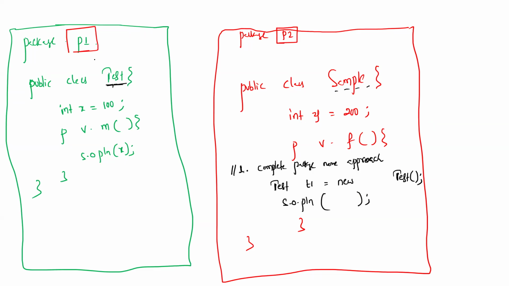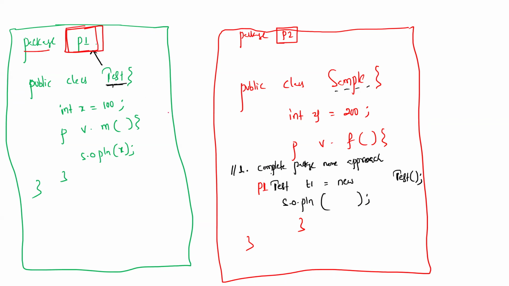Now the Test class is in the P1 package and the Sample class is in the P2 package. So what is the approach? The complete package name approach. The package name also we have to use. Test class is in which package? P1. Therefore, whenever we are creating this object, we use the package name. If you are using com.p1, then here also com.p1. Whatever is there after the package word, the same thing we have to use.